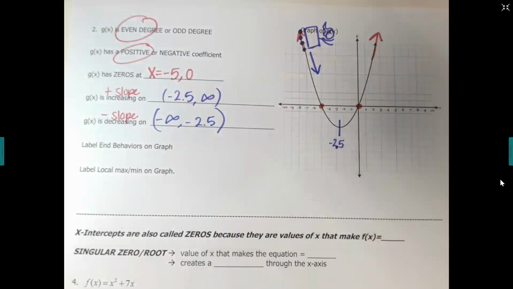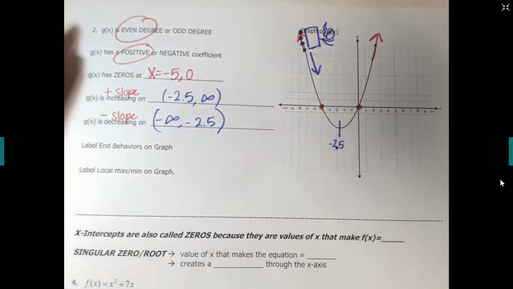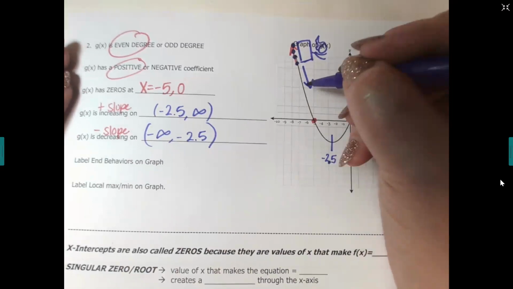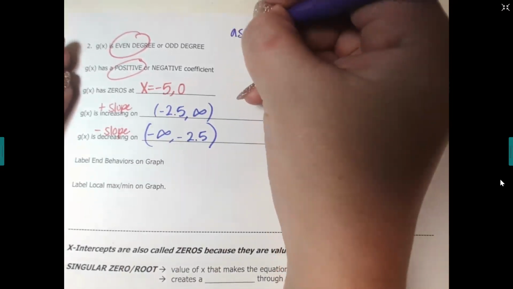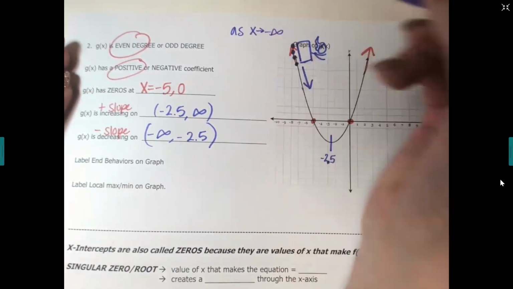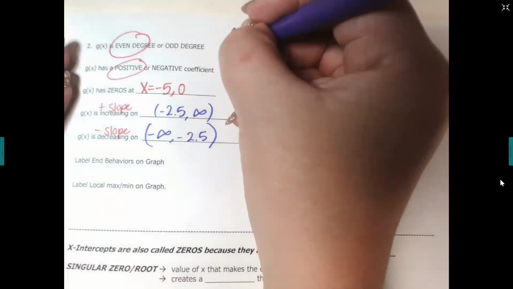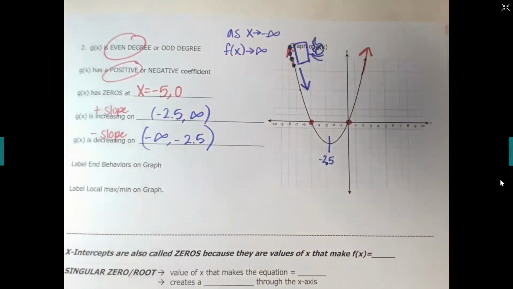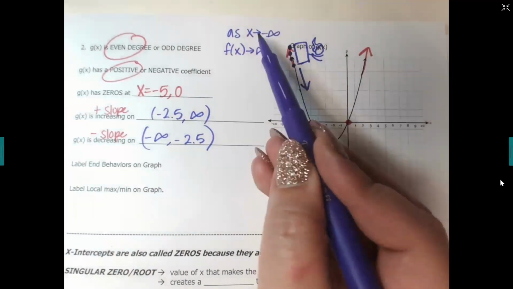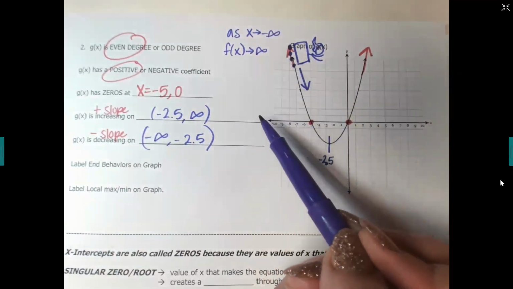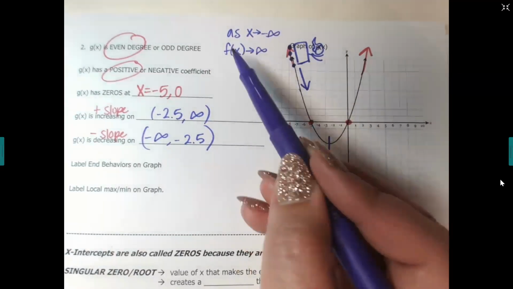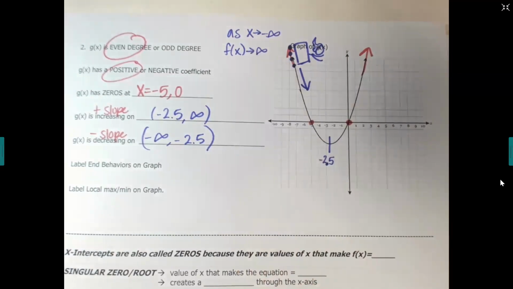Then it asks you to label your end behaviors. For me to talk about the left end of the graph, I see that it's pointed up. I would say as x approaches -infinity, my f of x's are going to infinity. And remember, that means the left end, because my x's are tracing backwards, points up because my y values, or f of x's, are going to infinity.